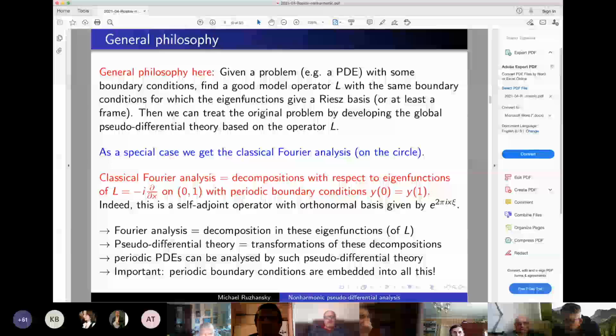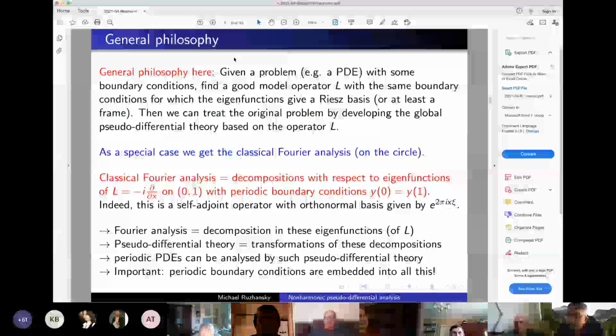And so the general philosophy, before I show you formulas and calculations, let me explain the general philosophy. Let's take a view backward from the classical Fourier analysis.